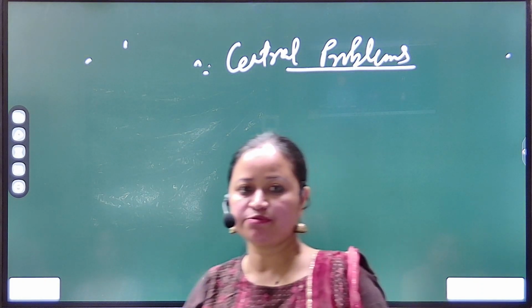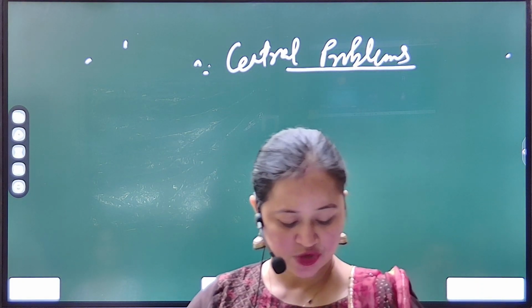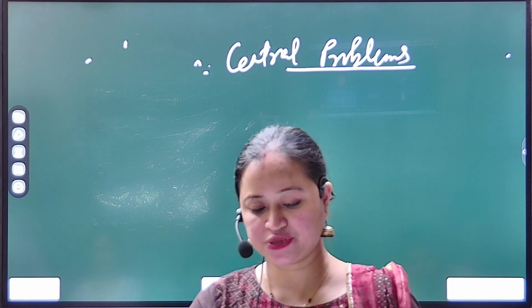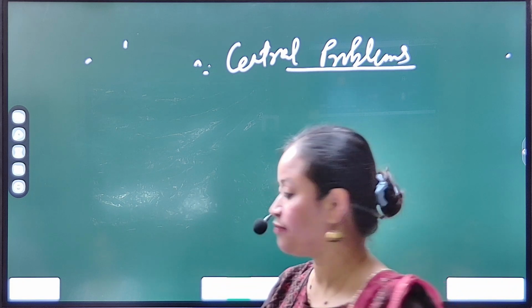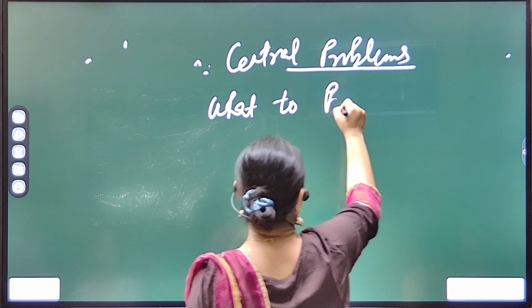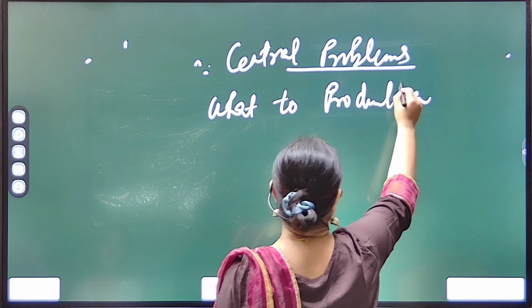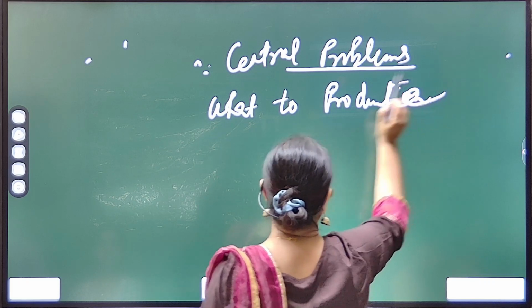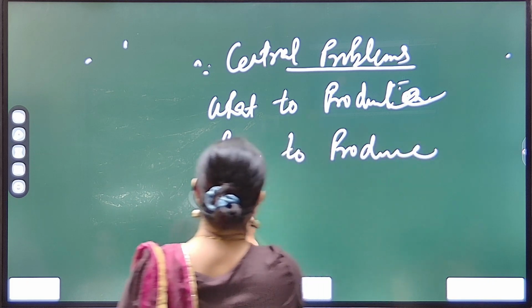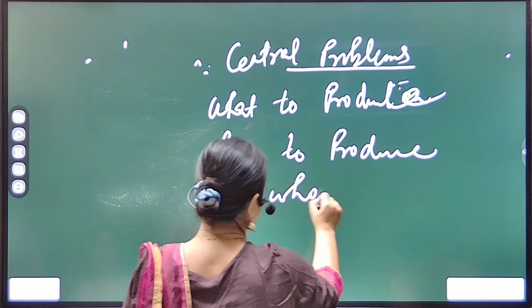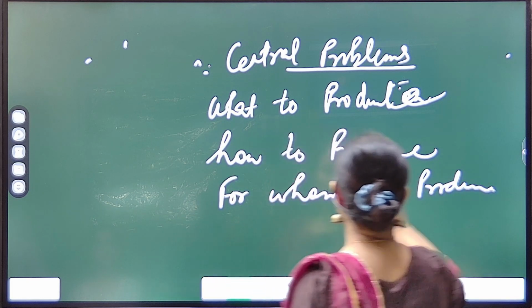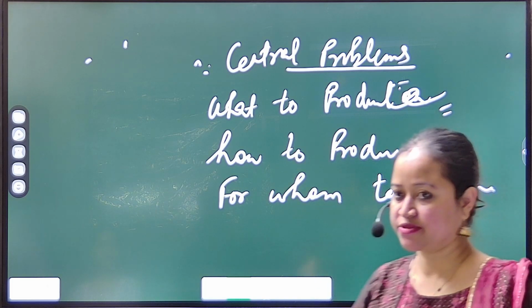So here you can see on page number 13: what to produce, how to produce, for whom to produce. So the central problems of an economy are what to produce, how to produce, and for whom to produce, right?